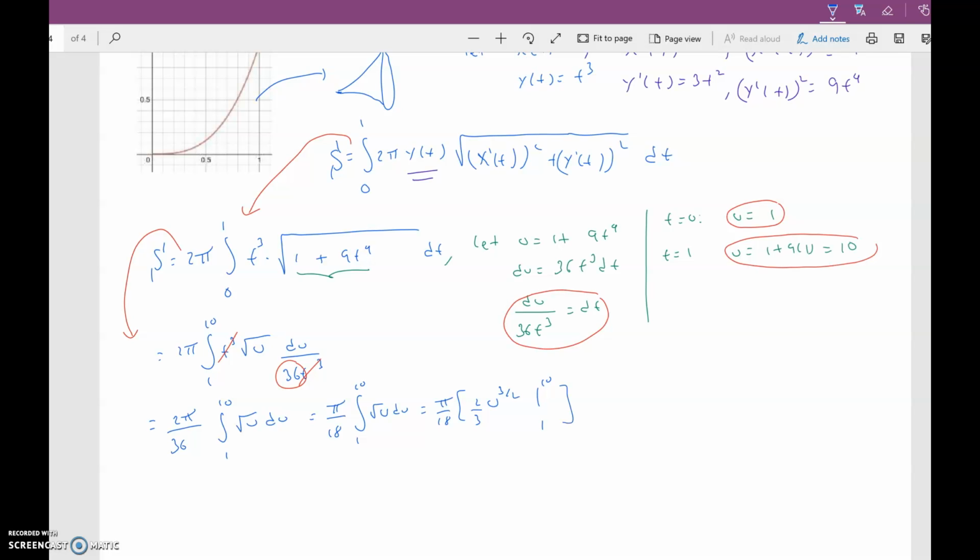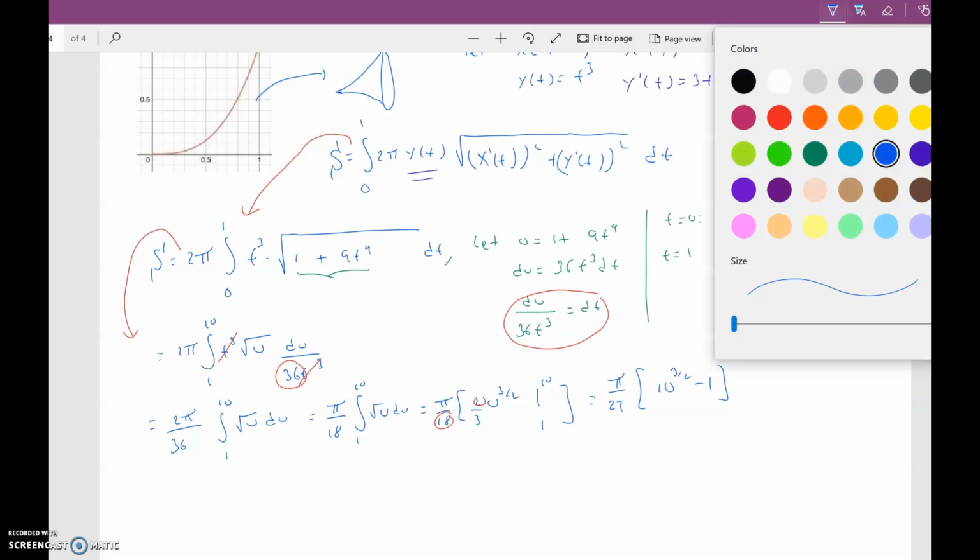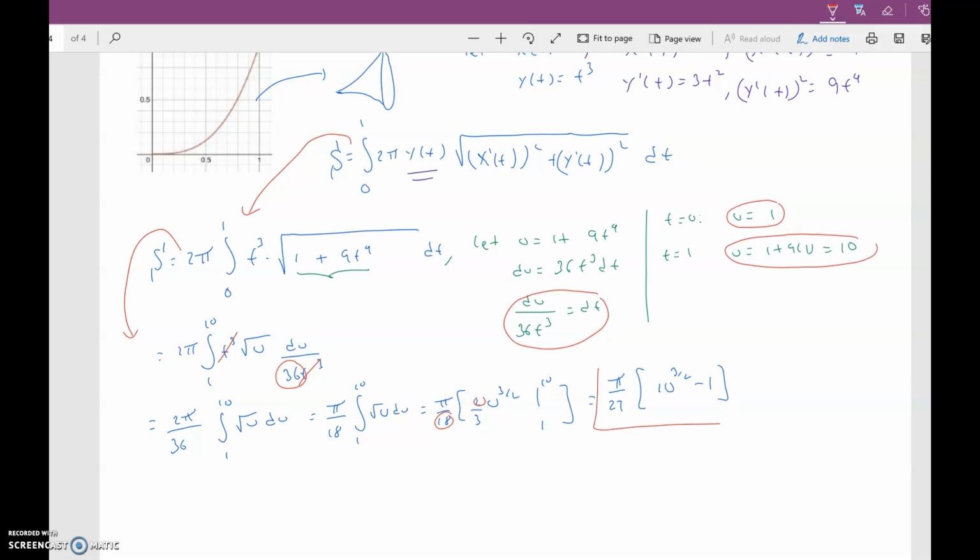So the 2's are going to reduce that to a 9. So we're looking at pi over 27 times 10 to the 3/2 minus 1. This is going to be our exact answer, and let me just double check the algebra.